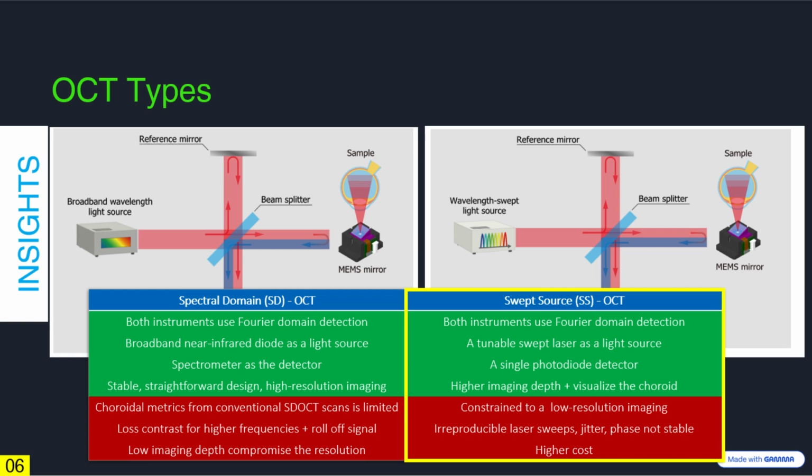It also has a tunable laser that sweeps as a light source, so this is one of the main characteristics of SS-OCT. But sometimes it is still constrained to low resolution imaging, and that's why we use machine learning to help the resolution become better and have more improvement.